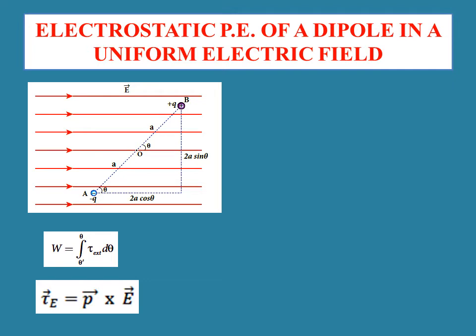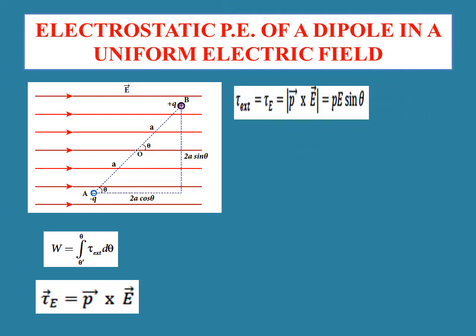Or in other words, the work done by the external torque to rotate the dipole from angle theta dash to theta at a constant angular velocity is represented as W, which is equal to integral of tau external into d theta. Now we already know the torque is equal to P cross E vector.